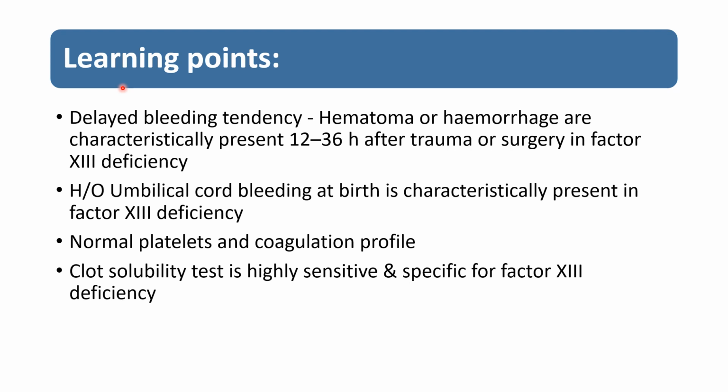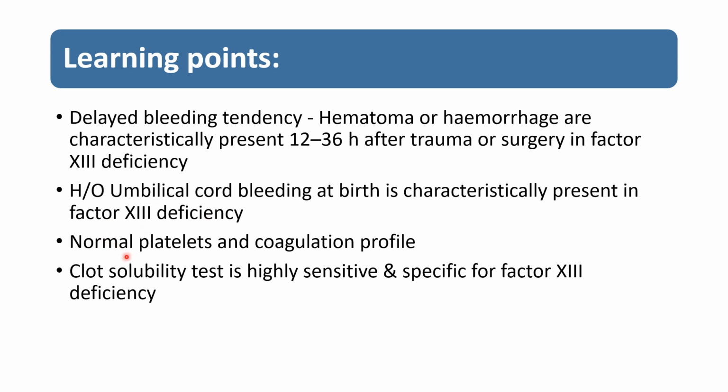So the learning points: whenever there is a history of delayed bleeding tendency, hematoma or hemorrhage characteristically present 12 to 36 hours after trauma or surgery, it means the child has factor 13 deficiency. A history of umbilical cord bleeding at birth is characteristically present in factor 13 deficiency.